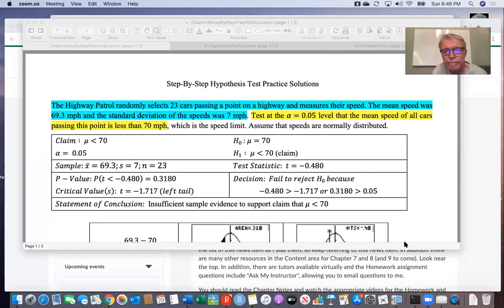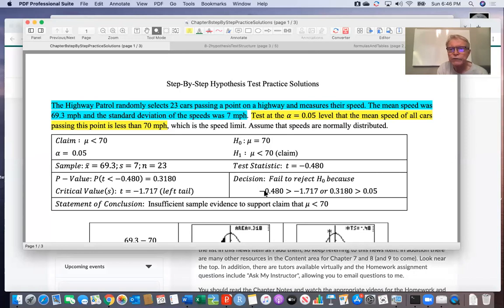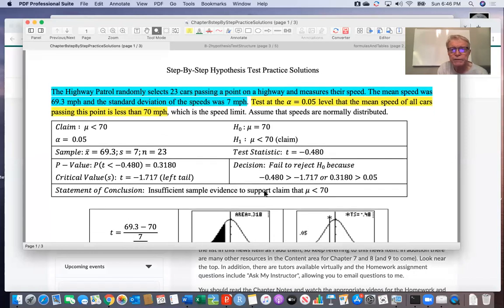And you should be seeing the hypothesis test practice solutions.